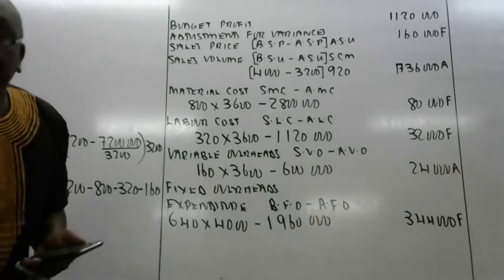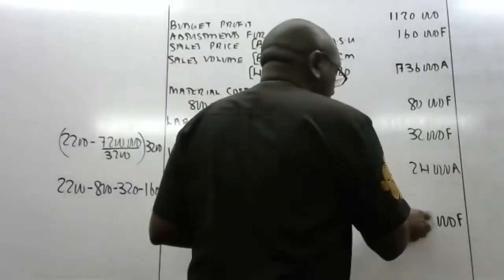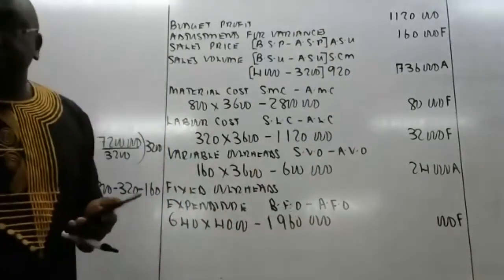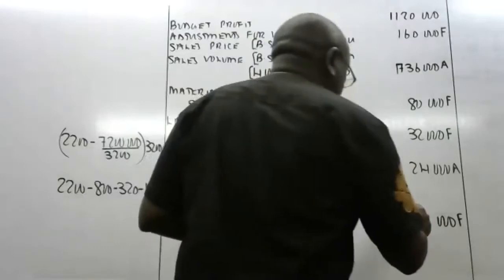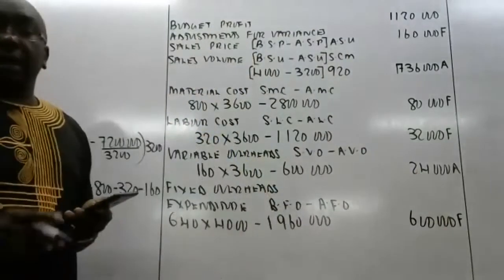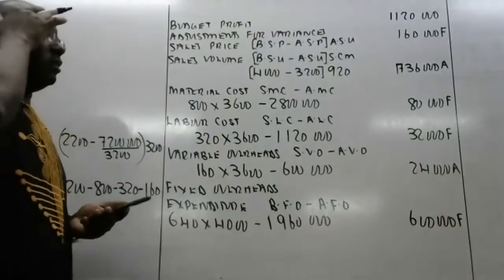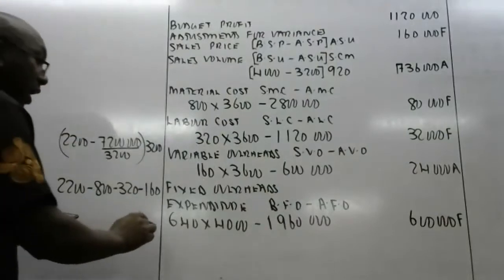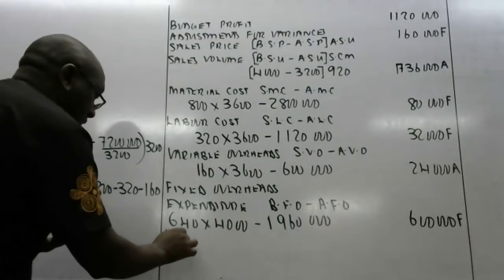The 600,000. Favorable. Okay. 600,000 favorable. Haya. Sasa huyo mwingine anaitwa volume.